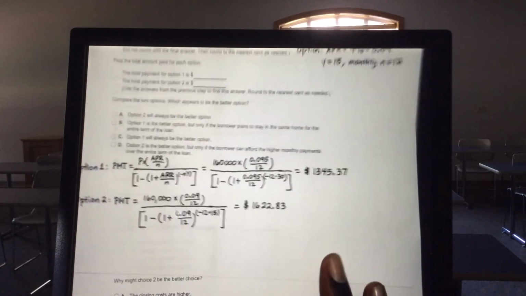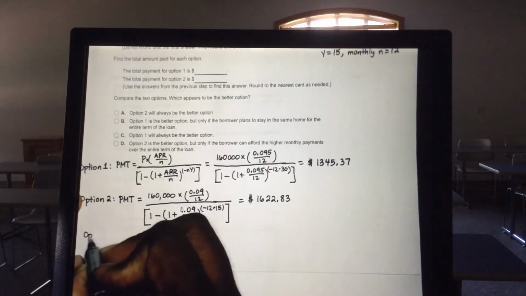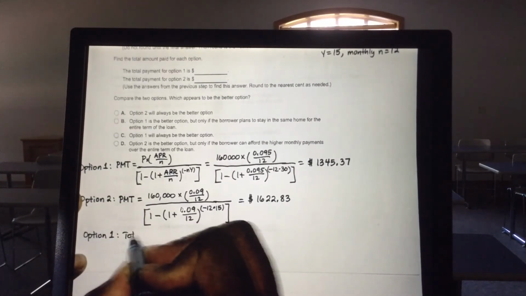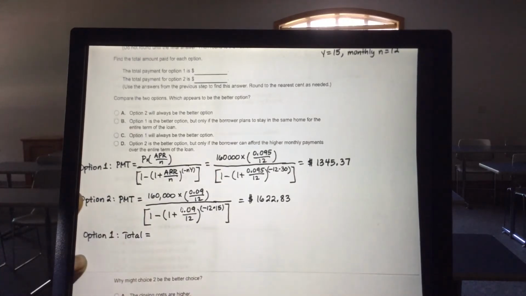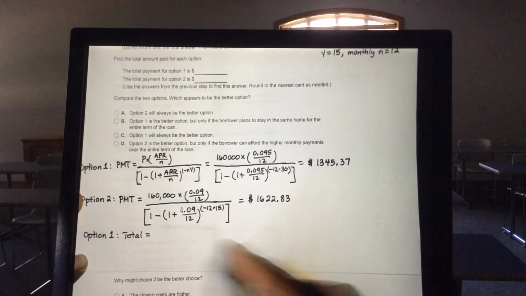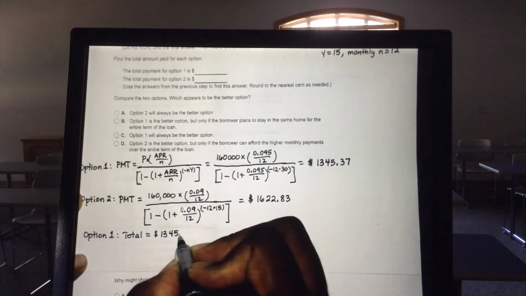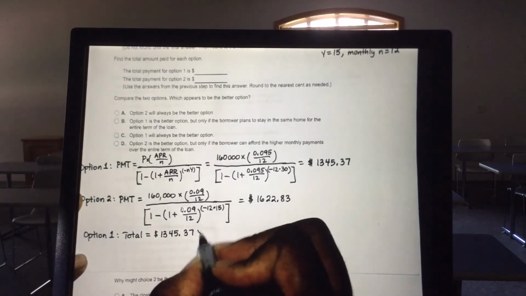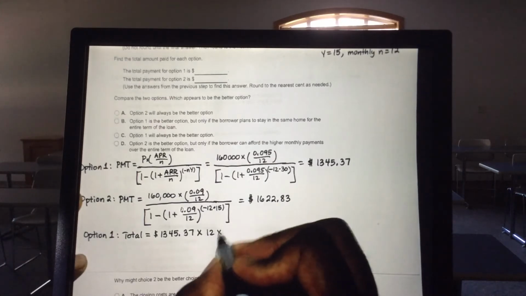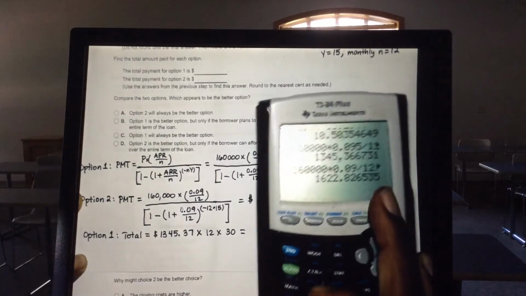So in this case, for option 1, I'm just going to say total here. Here you got $1,345.37 per month. And this is going to be for 12 months in a year for 30 years, because it is a 30-year loan for option 1.